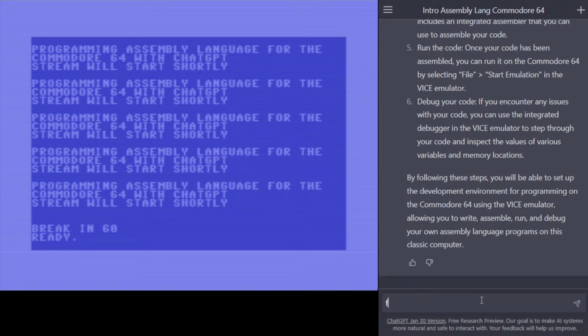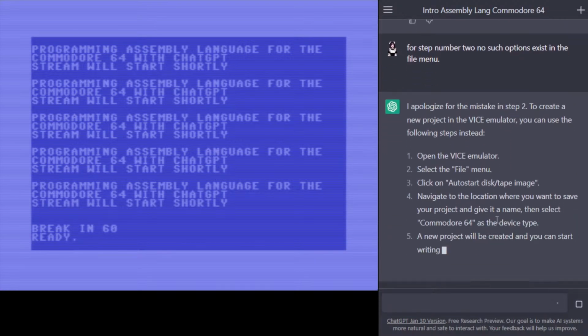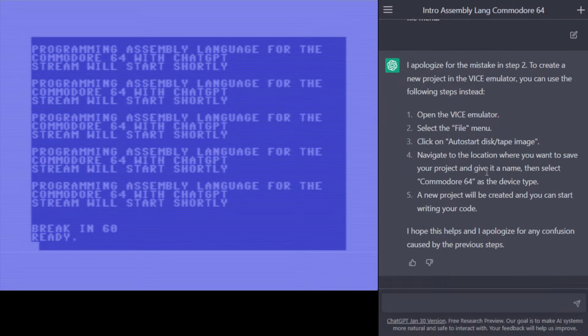So let's see. For step number 2, no such options exist in the file menu. Auto start disk tape image. There is still no option for that.